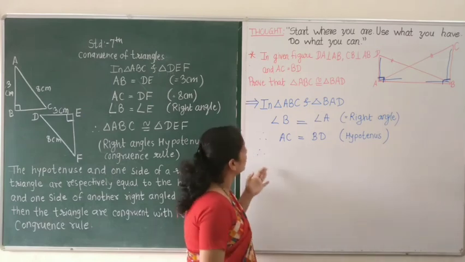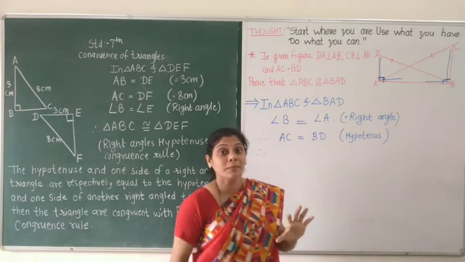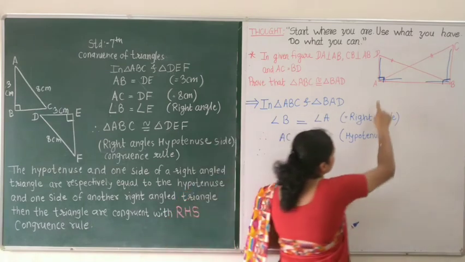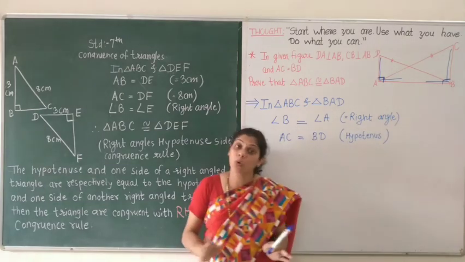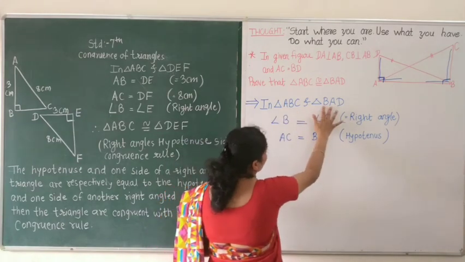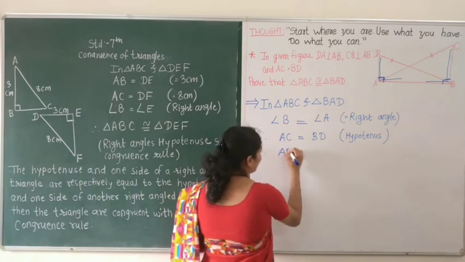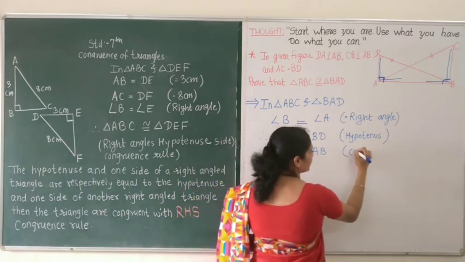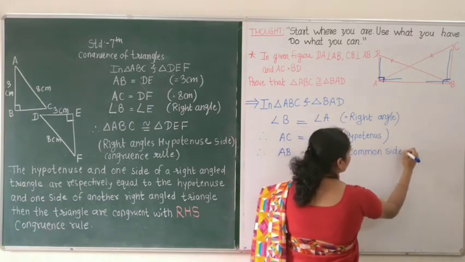They give us only two parts, so the third part we have to find ourselves. You can see AB is a common side to both triangles. So AB side is common. Directly we will write AB is equal to AB, and here we will write common side.